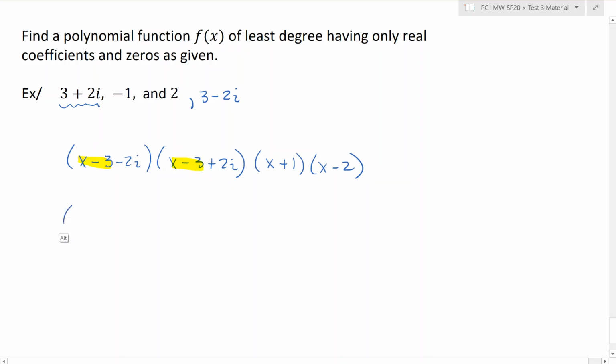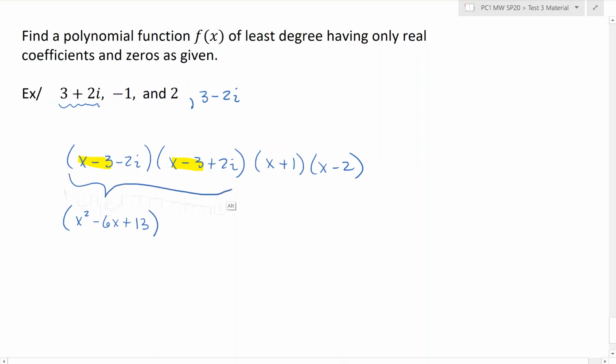We can just do a simple x minus 3 times x minus 3 is going to be x squared minus 6x plus 9. And then we're subtracting the 4i squared. So we're subtracting 4 times -1, so it'd be a plus 4, which makes this a plus 13.